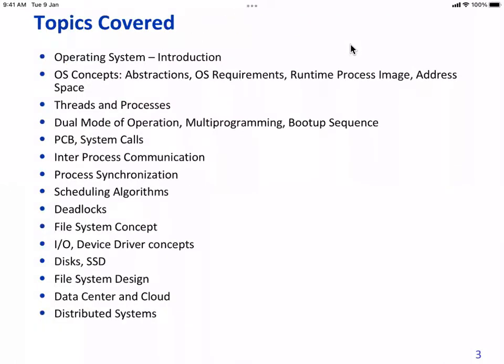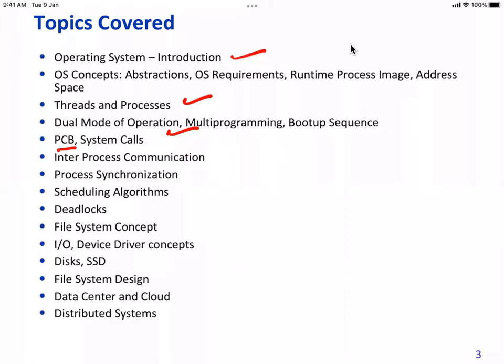We have covered the following topics. We started with basic OS introduction. What is an OS? And then we looked at the OS concepts, like it provides abstraction, OS requirement, runtime image, and all that. Then we studied threads and processes. Then we looked at dual mode of operation. Then within a process, where process states are stored, like the concept of PCB, process control block.